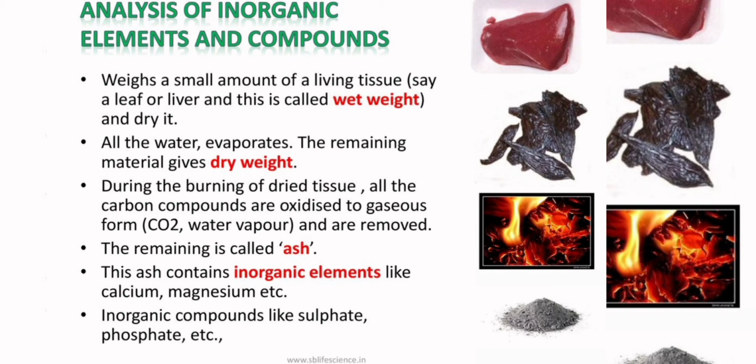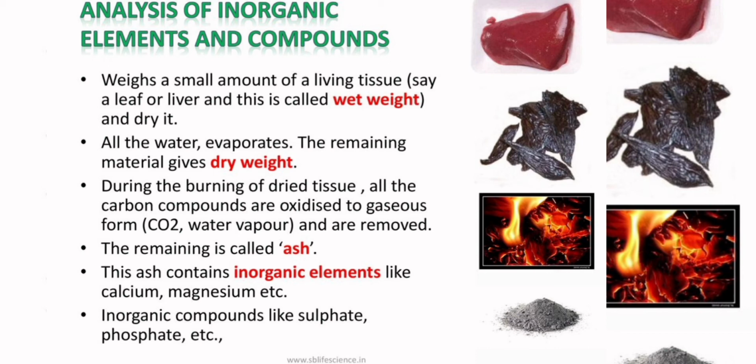Ash is the remaining part of the living tissue after burning of the organic component. So ash analysis is done to analyze the chemical composition of the different inorganic compounds and elements present in the organic material after burning.